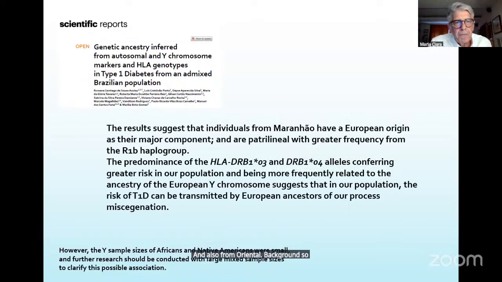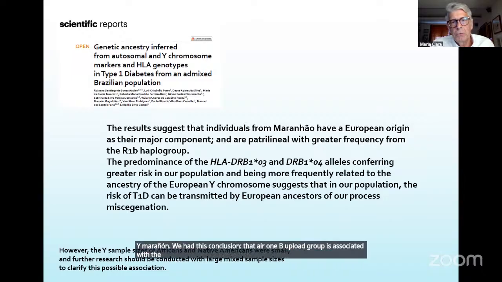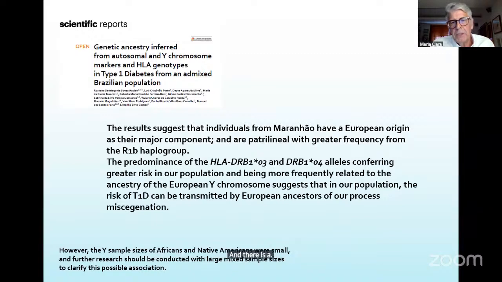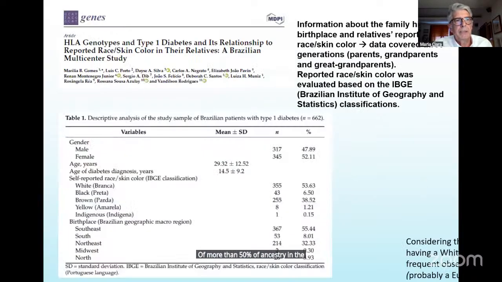So in Maranhão, we had this conclusion that the R1b haplogroup is associated with DRB103 and DRB104 alleles, and there is more than 50% ancestry on the European side.